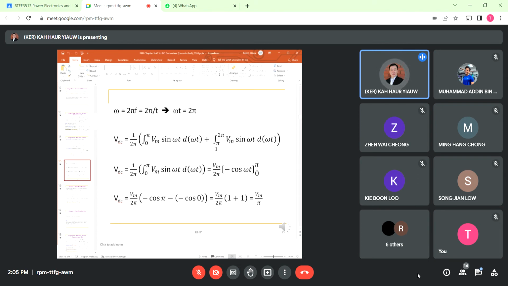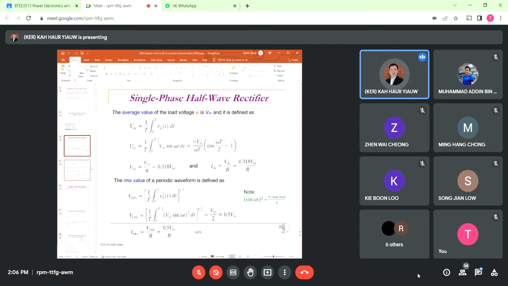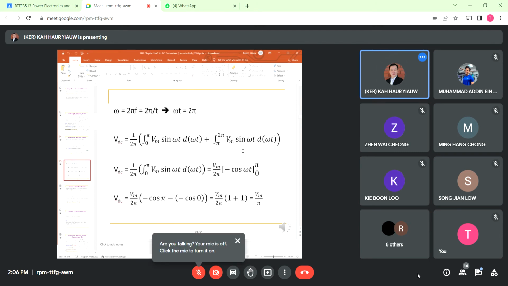This is a more proper way to do the integration. If we rewrite the integration for my VDC, I have this. Of course, I know that this one is equal to 0, because from pi to 2 pi I have nothing appearing across the output.